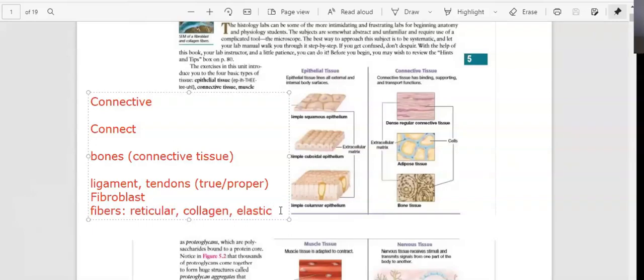However, when we're building these structures and the fibroblast uses a lot of fibers, many fibers, that particular connective tissue is called loose connective tissue. Examples of that are areolar and reticular.